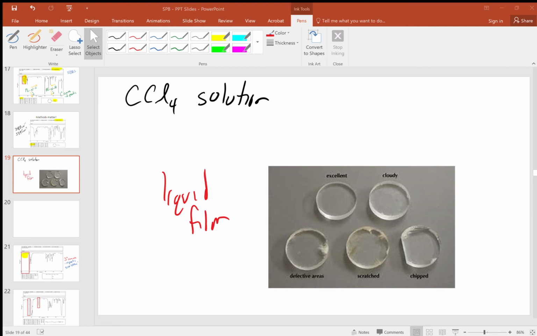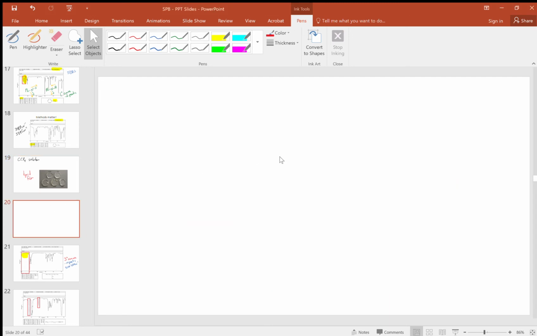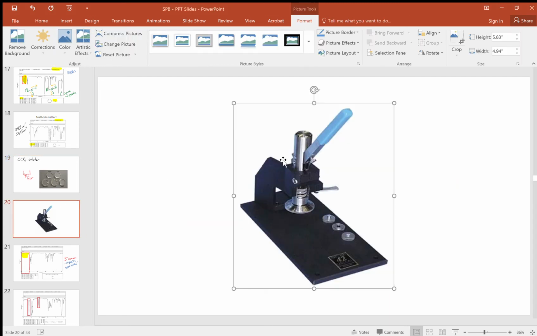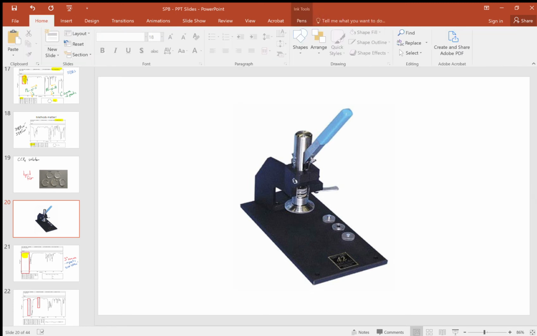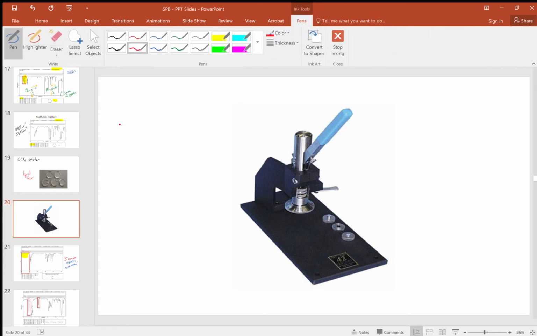And then you also saw some of these were referred to as KBr pellets. Well, KBr pellets are by far my least favorite way of doing an IR spectrum. In fact, I will be honest with you, I have not done a KBr pellet since probably before any of you were born.